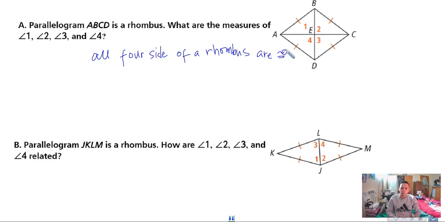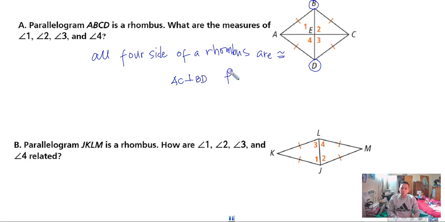By the converse of the perpendicular bisector theorem, B and D are on the perpendicular bisector of AC, from A to C. So we can tell that AC is perpendicular to BD.